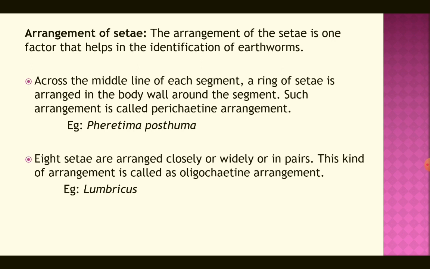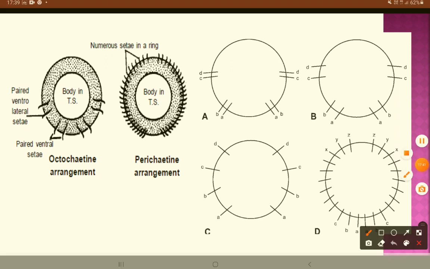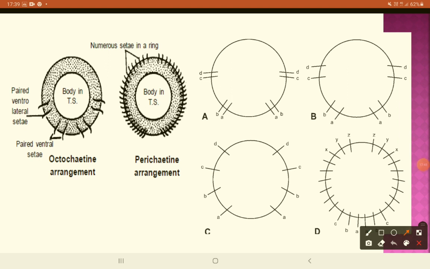Whereas you find closely arranged setae, 8 in number, arranged in pairs. This kind of arrangement is called the oligoketine arrangement, which you see in Lumbricus. So here it is an octoketine arrangement because they are 8 in number: 2, 2, 2 and 2.